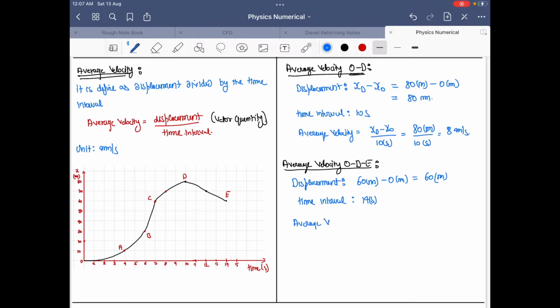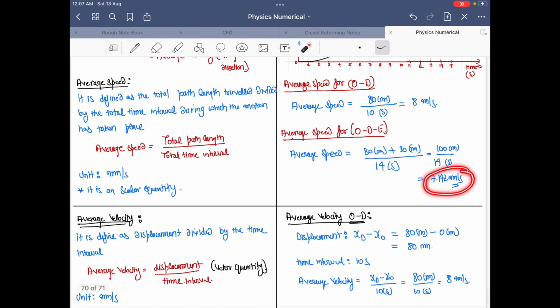So the average velocity is 60 meters divided by 14 seconds. So what will be the final answer? The final answer will be 4.285 meters per second.